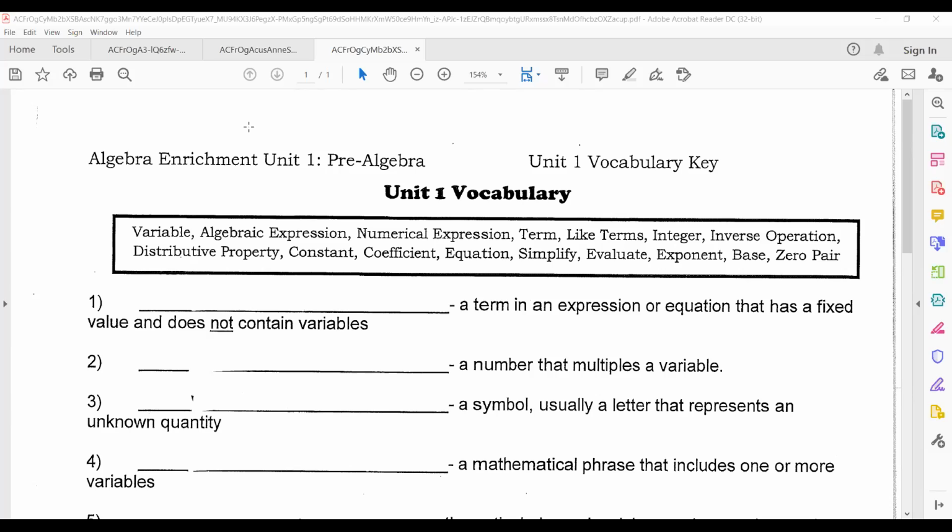A constant, the term in an expression or equation that has a fixed value and does not contain variables. A constant is just a number. We know what 6 is. We know what 7 is. We know what a -4 is. Those don't change. That's why we can talk about constants.